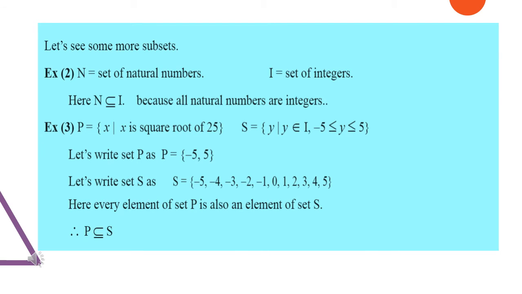Therefore, my set S is equal to minus 5, minus 4, minus 3, minus 2, minus 1, 0, 1, 2, 3, 4, 5. Now compare this set and my set P. I have the two elements of set P present in set S. Yes, and therefore set P is a subset of set S. Understood now? So whichever set is a subset of the other set, all its elements will be present in the other set. Clear?